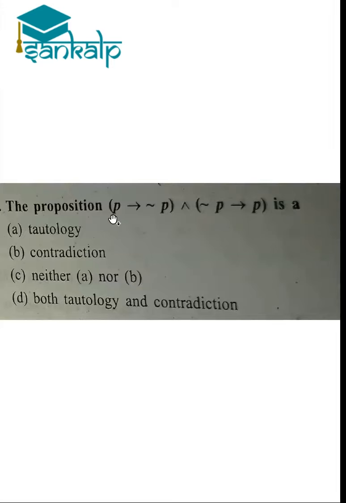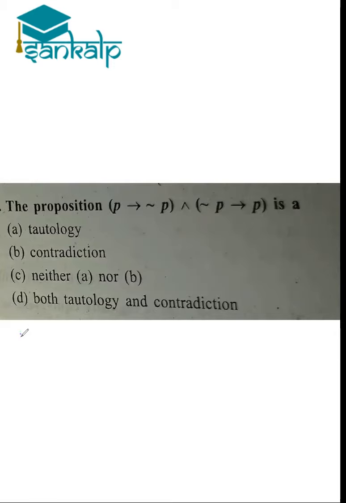Next question, the proposition P implies negation of P and negation of P implies P is, okay. So we will check it by constructing a truth table. By constructing the truth table, we can check the truth value, whether it is a tautology or a contradiction.